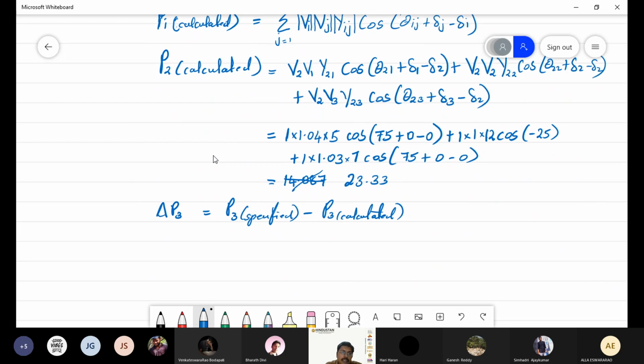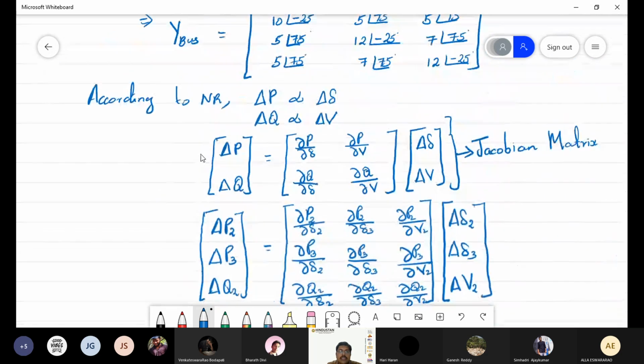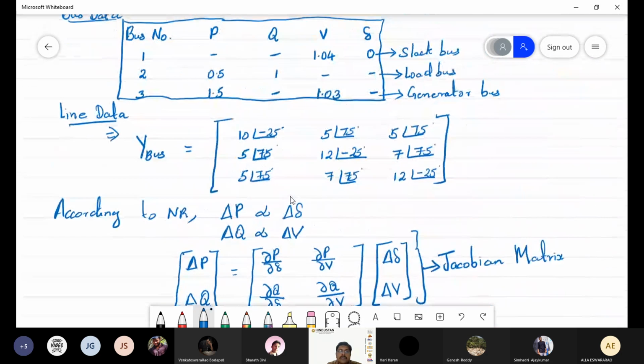So P3 is specified, that is given in the problem. P3 specified is equal to, you can check in the problem, yeah, that is 1.5.